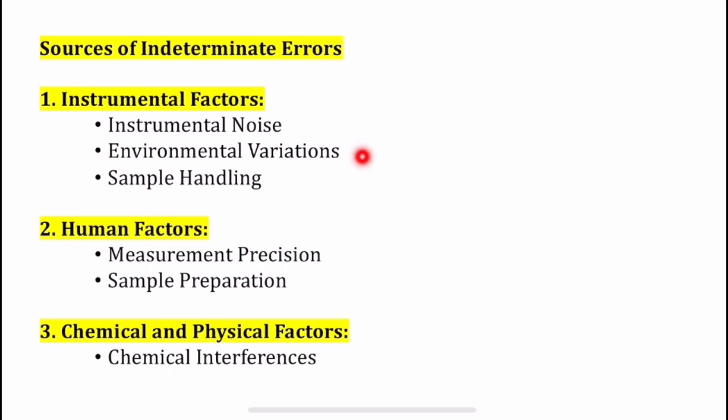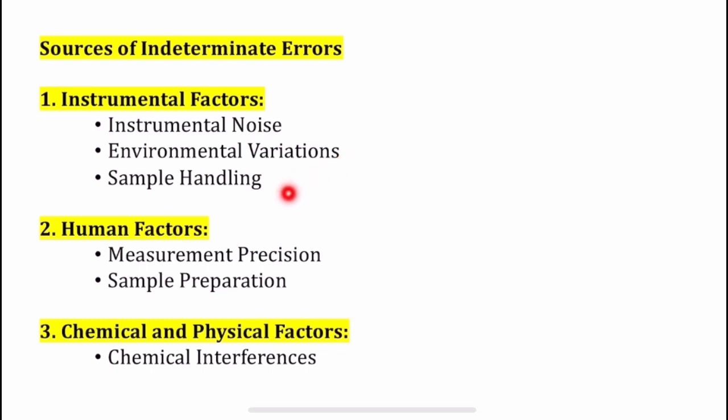Environmental variations include external conditions such as temperature, humidity, air pressure, and electromagnetic interference. These variations can affect the performance of instruments and the stability of samples. For example, temperature changes can alter the sensitivity of electronic components or the reaction rates in a chemical analysis.